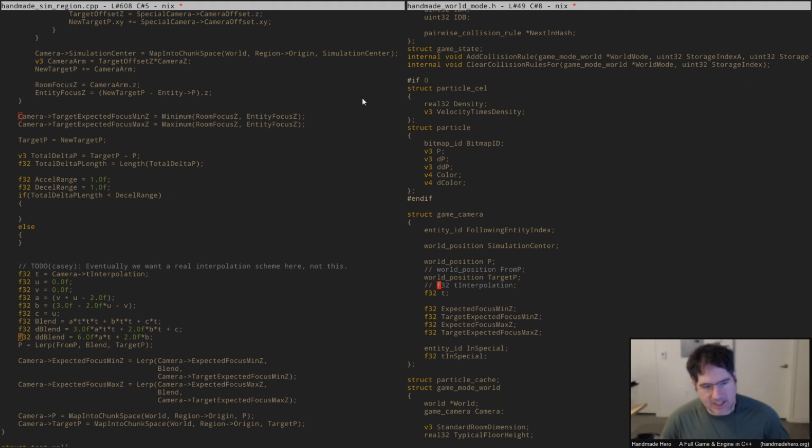So I guess one thing I could do is say, I know the length. I could always store what I thought my interpolation was from last time, and I could always store my t value.